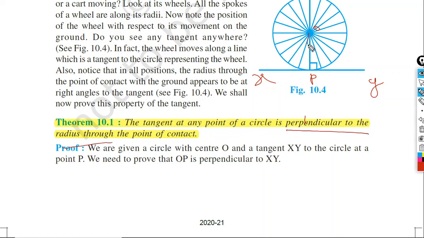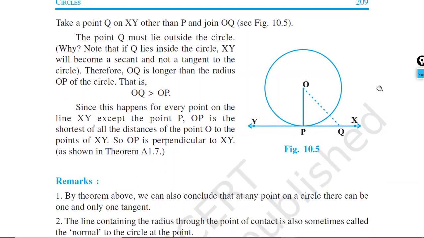That means this radius OP will be perpendicular to XY. To prove: XY is perpendicular to OP. Given: a circle with center O, and XY is the tangent to this circle at point P. This much is given. Now we have a construction here. Let's move to the next page. The figure is given in your book. Here, given XY is a tangent to the circle at point P.